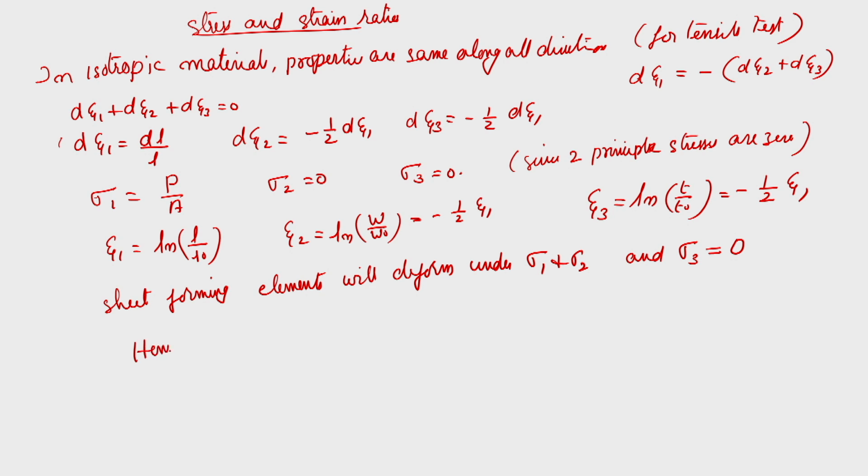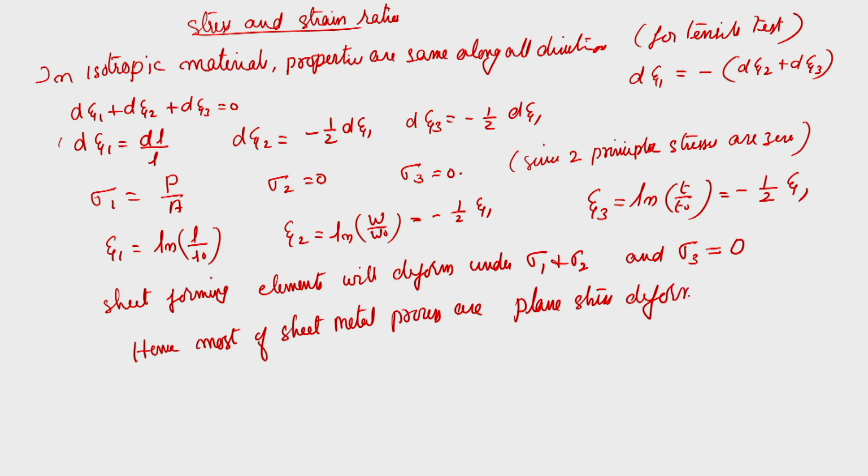Hence, most of the sheet metal processes are plane stress deformation. Whereas, in bulk deformation we always go for plane strain conditions.